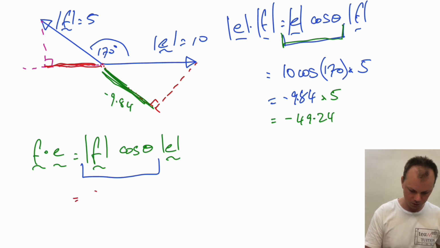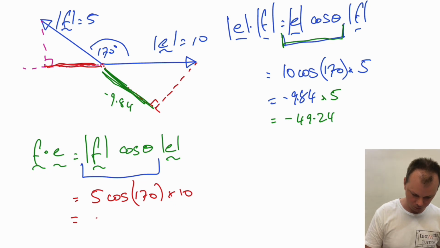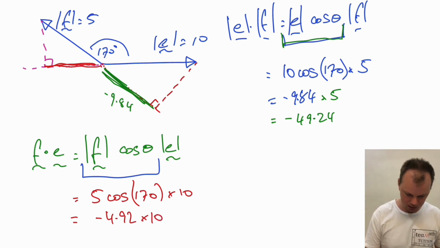So that's going to be 5 cosine 170, and then we're going to multiply that by 10. Negative 4.92 times 10.